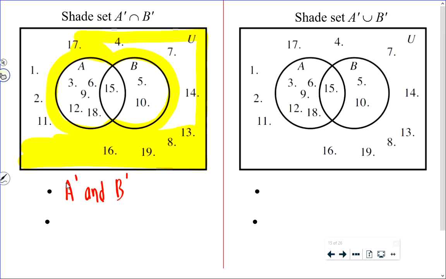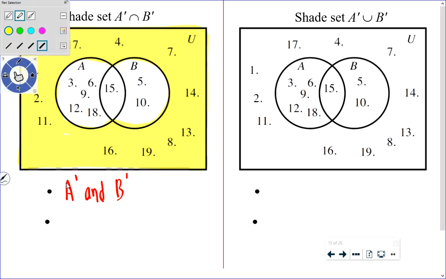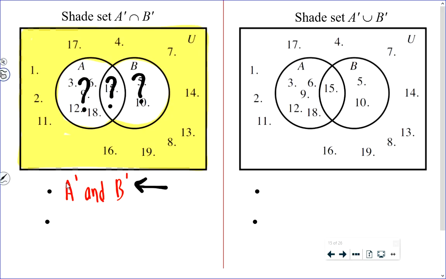Every single element in this set has to not be A, and it also has to not be B. Anything in this region or this region or this region fails this test. Because the item, if we're going to shade it, has to not be A and not be B.